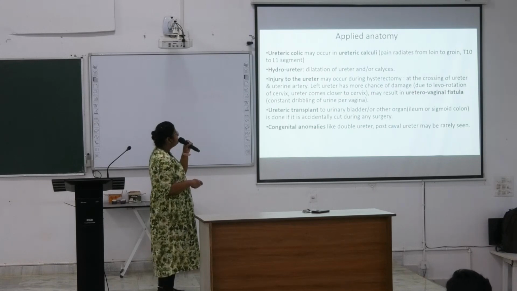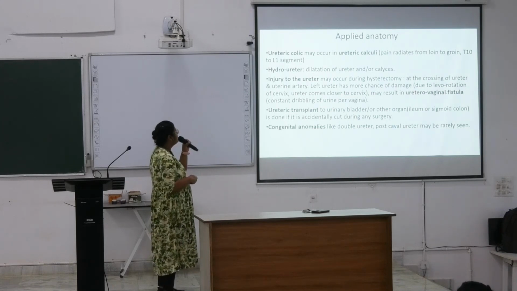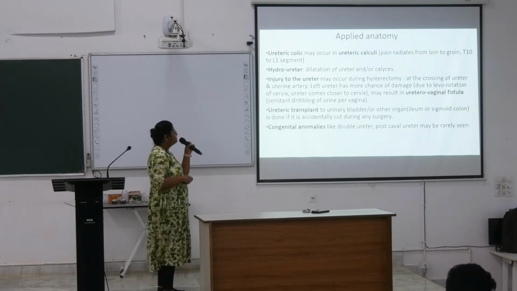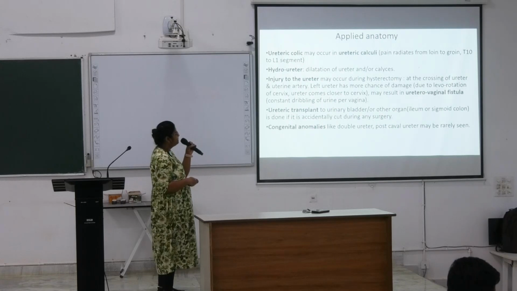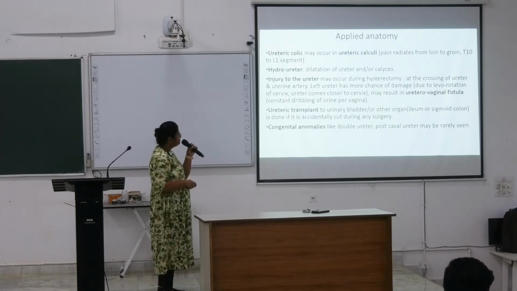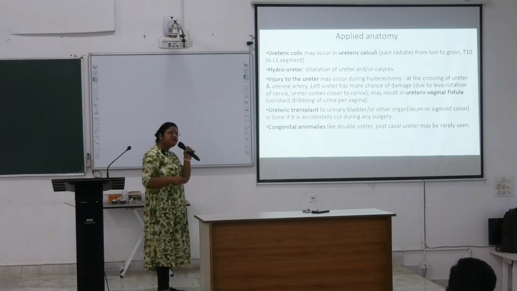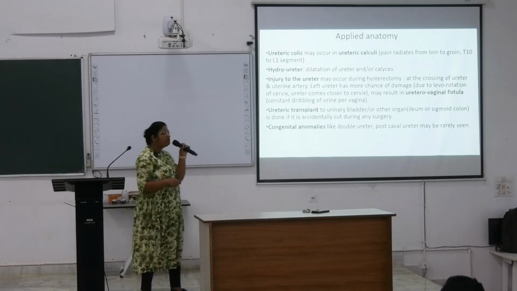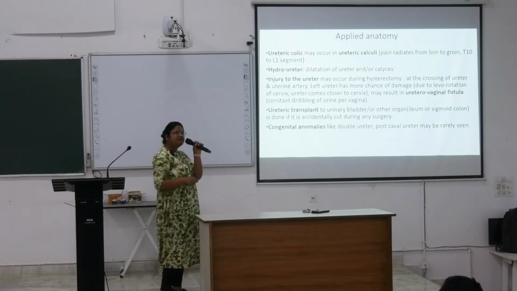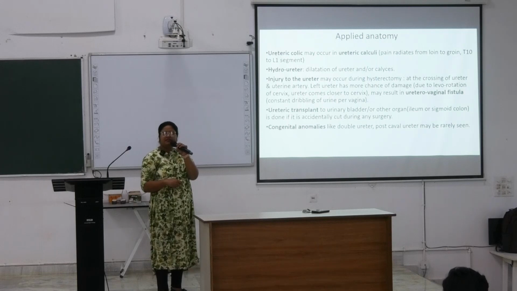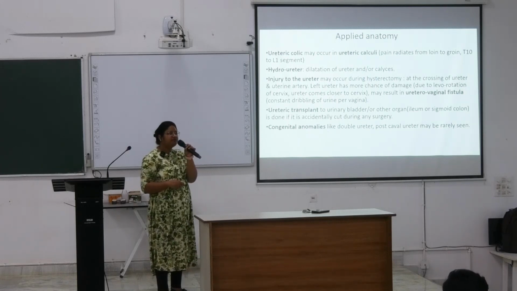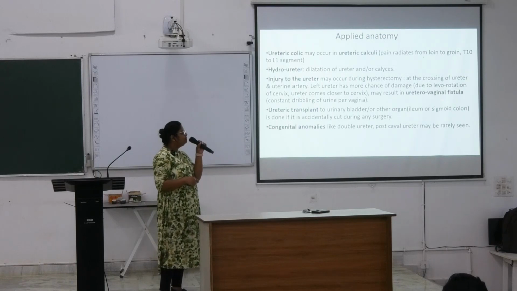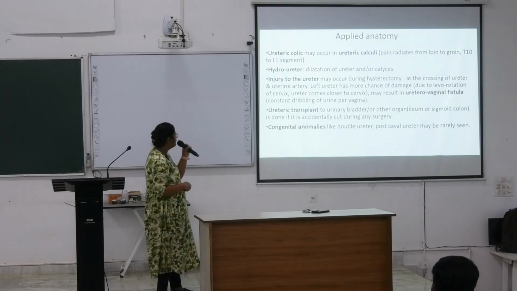It may result in ureterovaginal fistula, constant dribbling of urine per vagina. That is a very difficult condition. You have to repair the fistula because there will be continuous dribbling, as there is no sphincter in the vagina, so there will be continuous dribbling of urine through the vagina if there is a fistula between ureter and vagina.